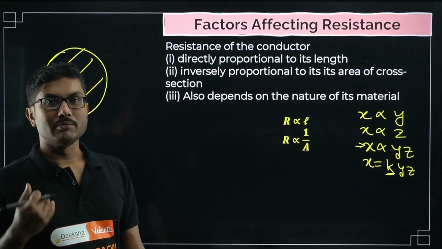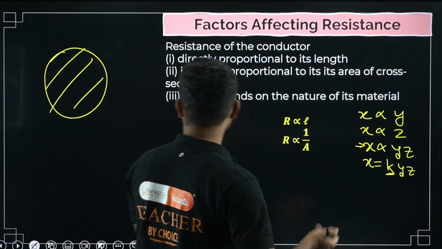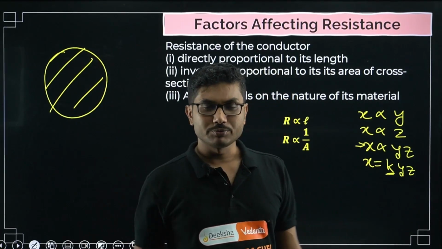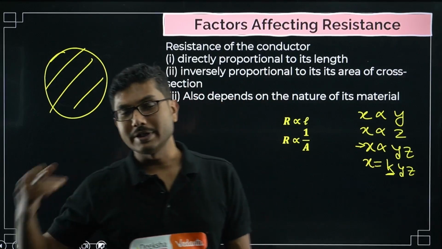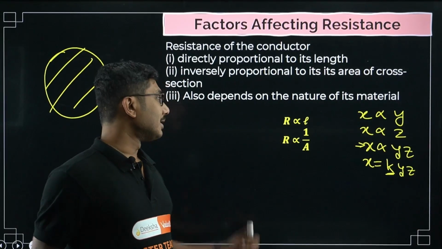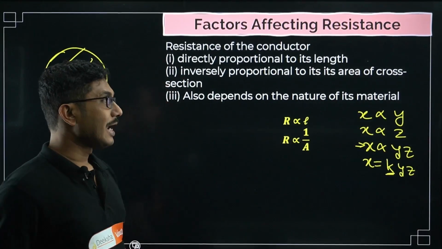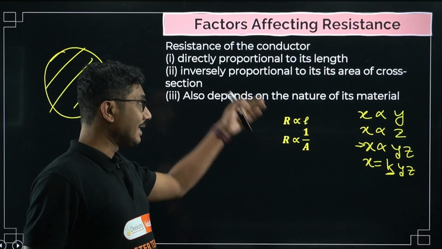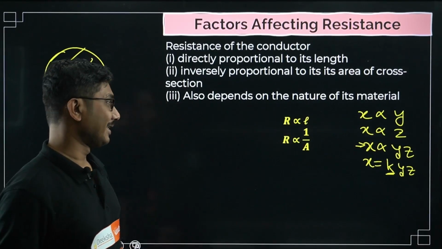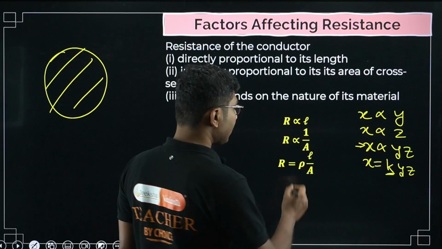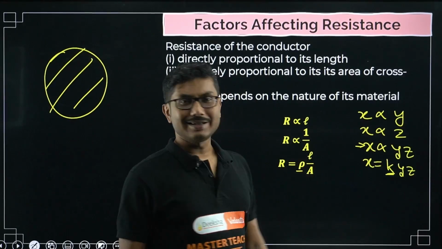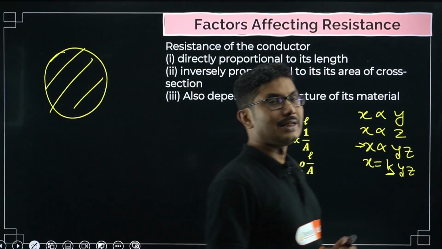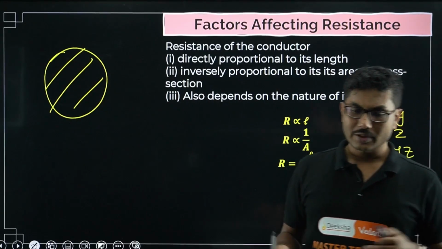Whenever you remove the proportionality sign, you have to use a constant, as we have done in the case of Ohm's law, and from that we arrived at the term resistance itself, right? Now if resistance also has a proportionality constant, that constant is called rho. It is the resistivity of the material. In your textbook there is a list of materials with different values of resistivity given.